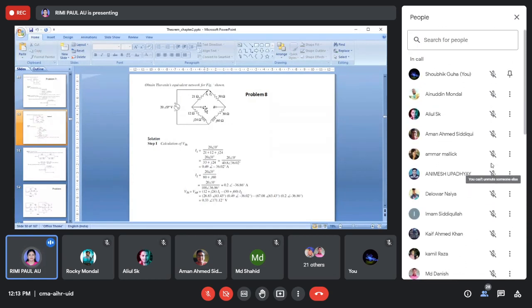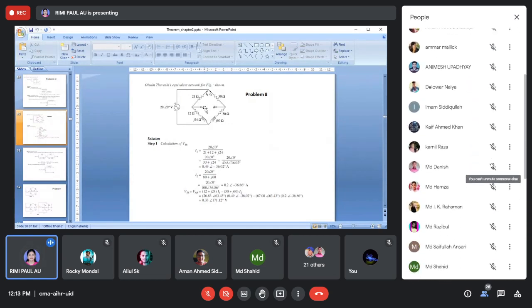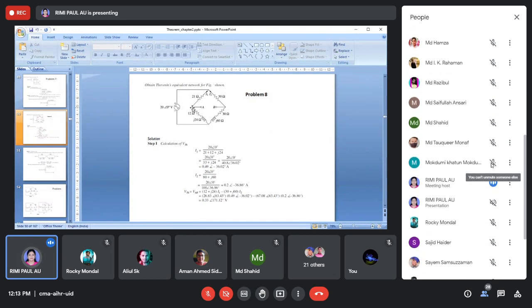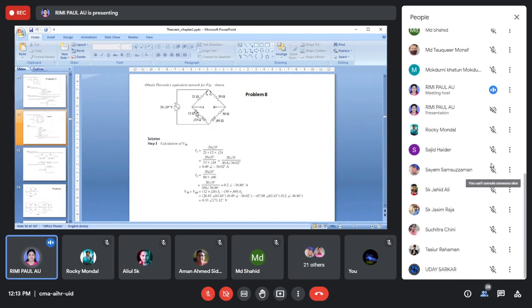I am not asking you to find VTH, because you can easily find VTH from the voltage drop across this path and the voltage drop across that path. Then you take VA minus VB, so you will get VTH, and I will describe that. But now my question is, what will be the ZTH, not Z equivalent, ZTH.